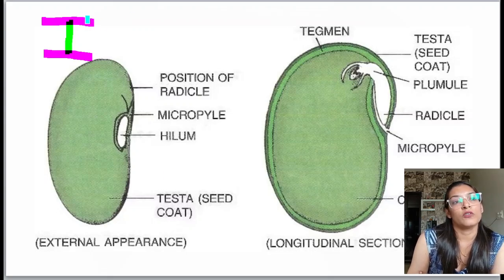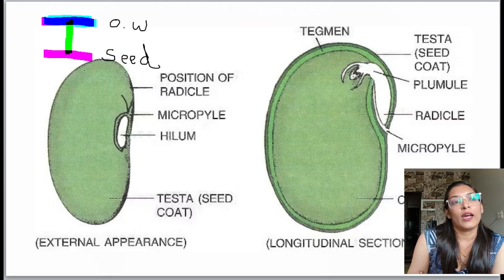Consider that this first passage, this blue one, let me change the color, this blue one is the ovary wall. What is it? This is the ovary wall. And this purple colored portion is your seed. What is it? It is your seed.